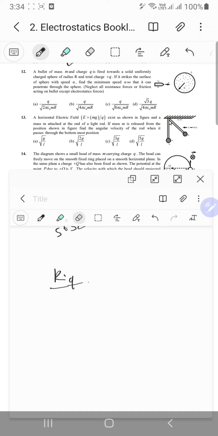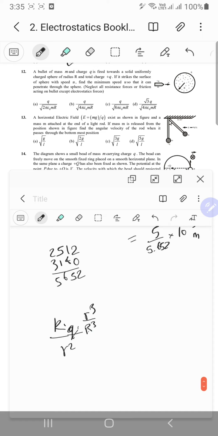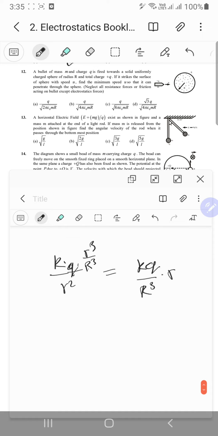This is supposed to be small r squared as well. So q into r cubed upon capital R cubed. So if it's like a uniformly charged sphere, so this will be like the density and stuff. So yeah, that's going to be the charge for a smaller core. So this is just gonna be kQq by R cubed into r. That's the force that it experiences.